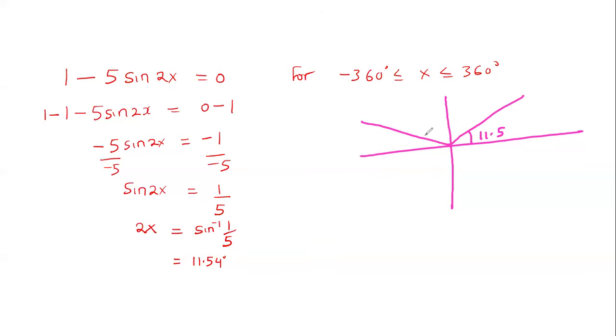We shall put the 11.5 there, then we shall get the angles. Since we are going to first get the positive angles, the first one will be 11.5. Then we get 180 minus 11.5 to get the remaining angle.